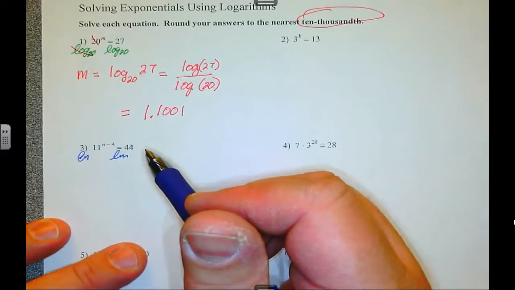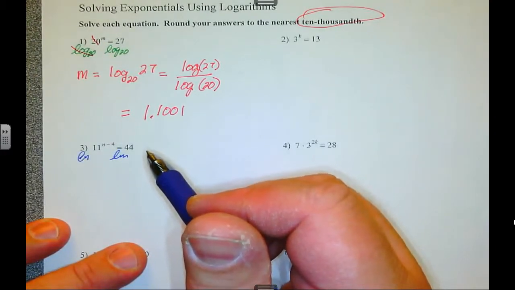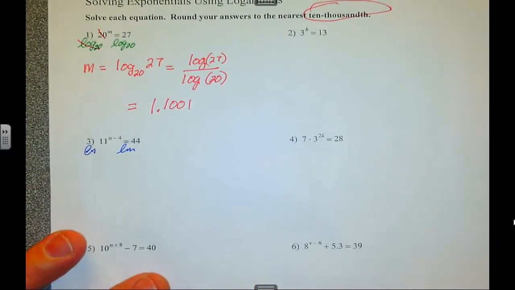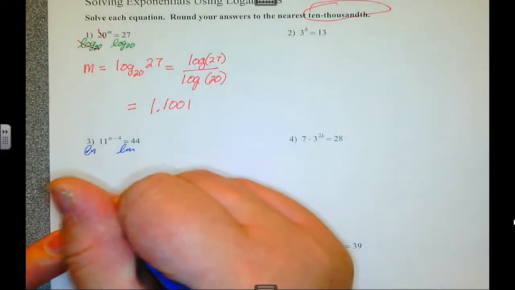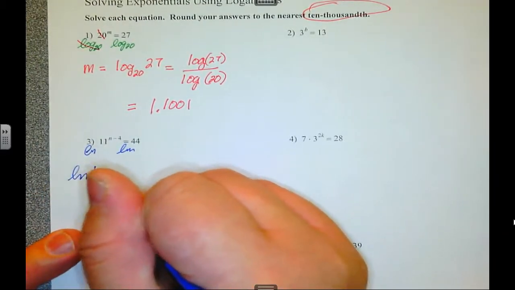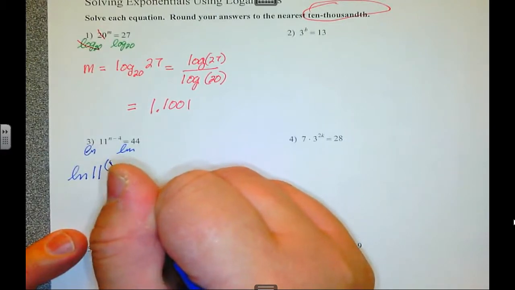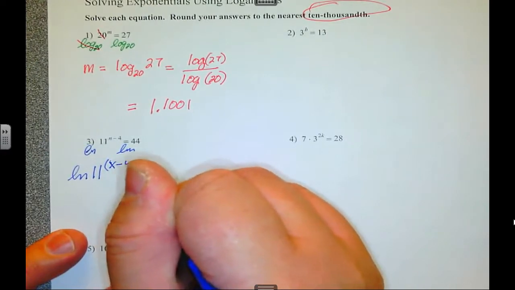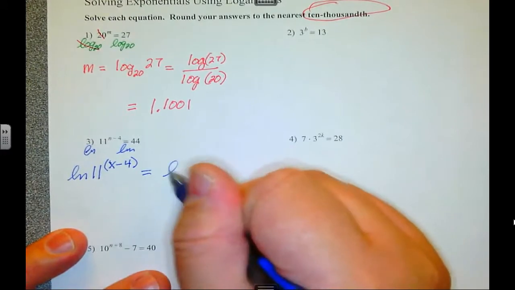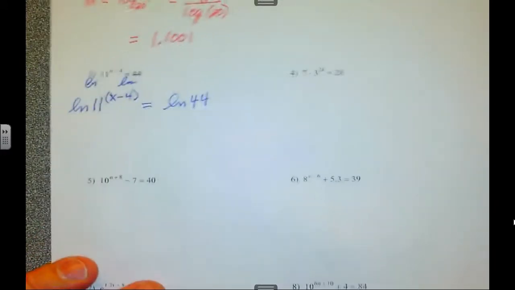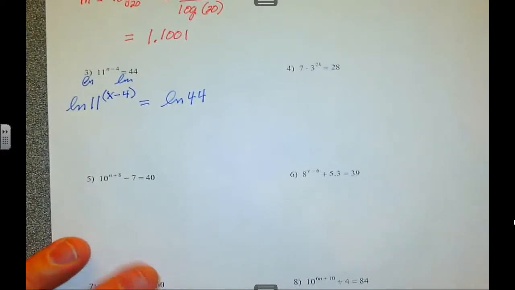We didn't use a property last on the homework sheet, did we? Okay, so I have the ln of 11 raised to the x minus 4 equals the ln of 44. Hey, this is an important part. This wasn't on your notes.